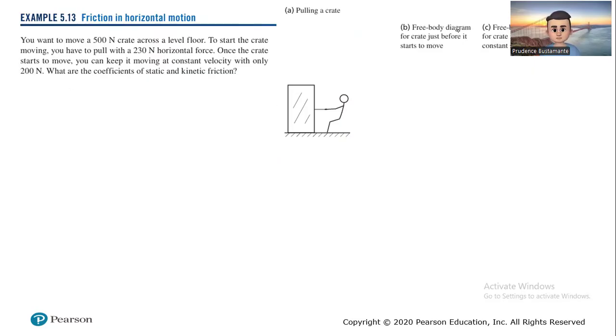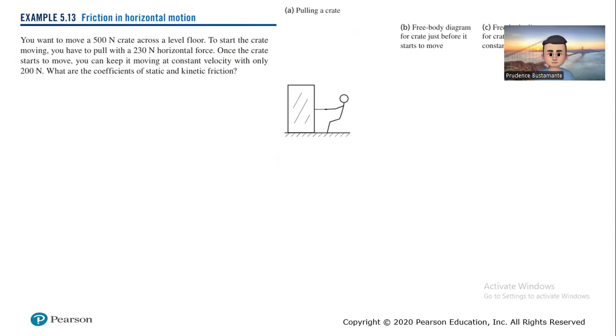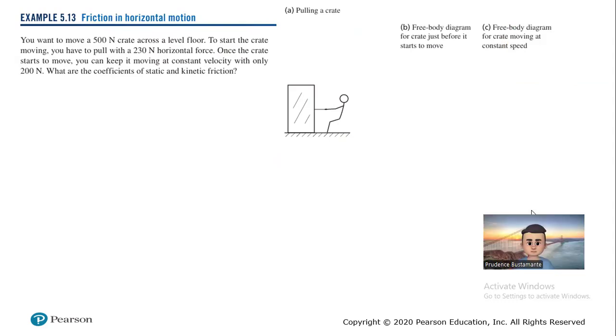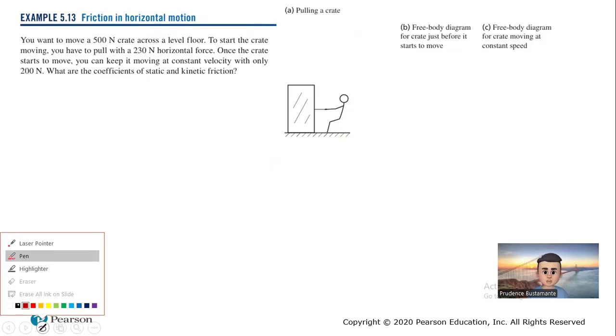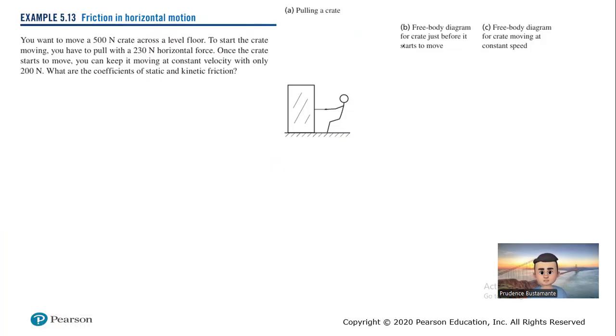So maybe it's best to draw a free body diagram for both cases. Okay, so this is our object for the free body diagram for the crate just before it starts to move. Just before it starts to move, we have the normal force, of course. We have the weight force.